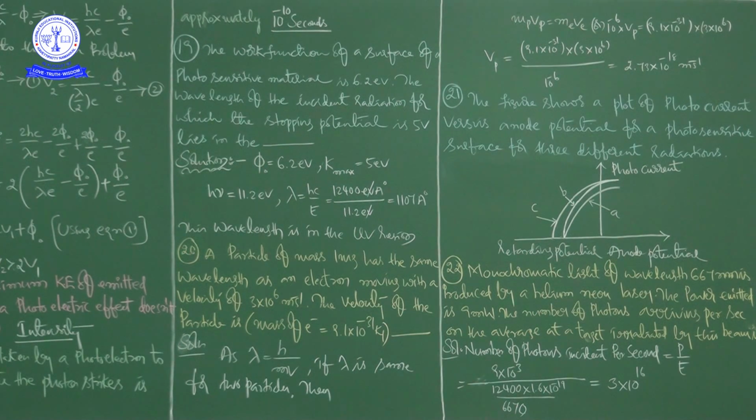If you convert into angstrom unit, it is 6670 angstrom unit. Here also angstrom unit, and the units will get cancelled. Finally, if you do this mathematical process, we will get 3 into 10 to the power of 16 photons incident per second.